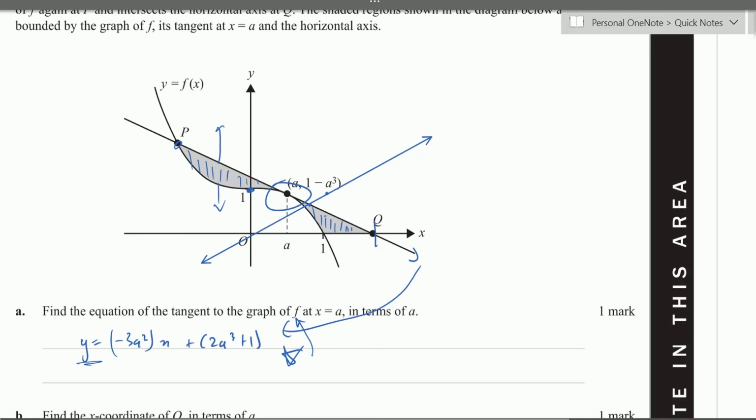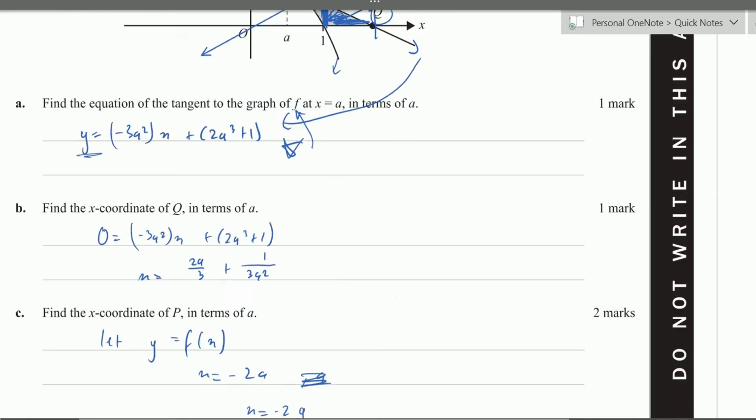From this point on, it's no longer this function, it's only this function. So when you do your area of y minus f(x), it's from 1 to the value of p, which is -2a. It's not from q to -2a because the graph of f(x) doesn't affect the area here.